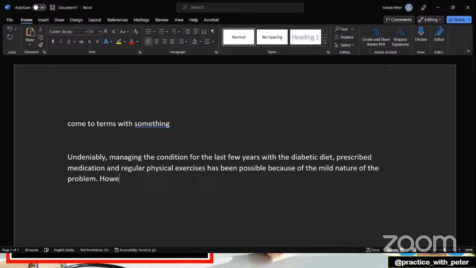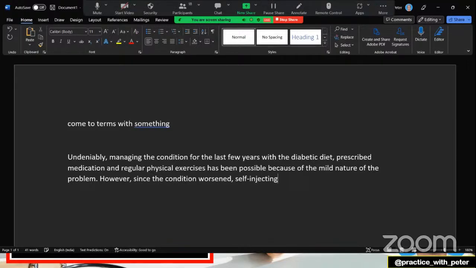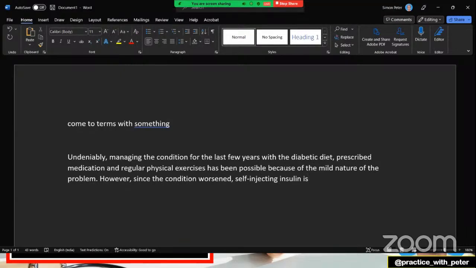However, since the condition worsened, self-injecting insulin has been recommended.